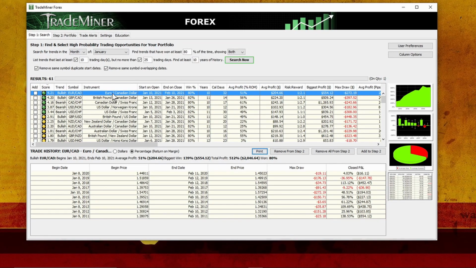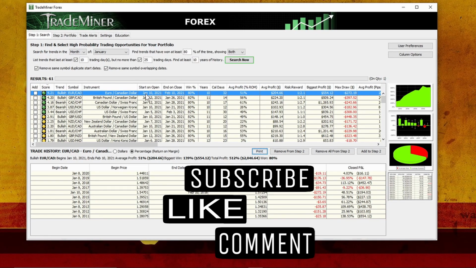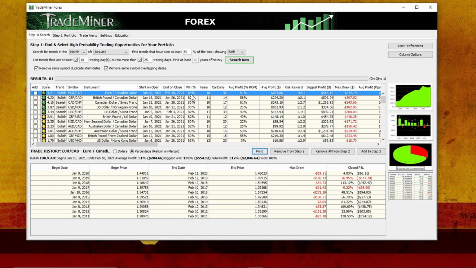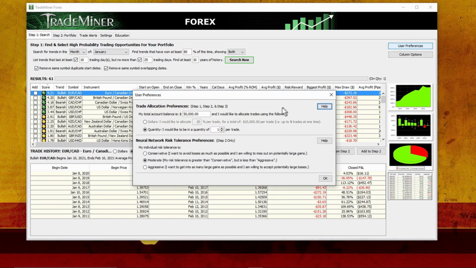All right. So I am looking to basically use this trade window, January 10th to February 10th, with an 80% chance to come out in profit, with an average profit of about 51% on your money. What I have here in my user preference is an account balance of 50,000. Right now I just want to be in one trade per month, per setup, of this dig.